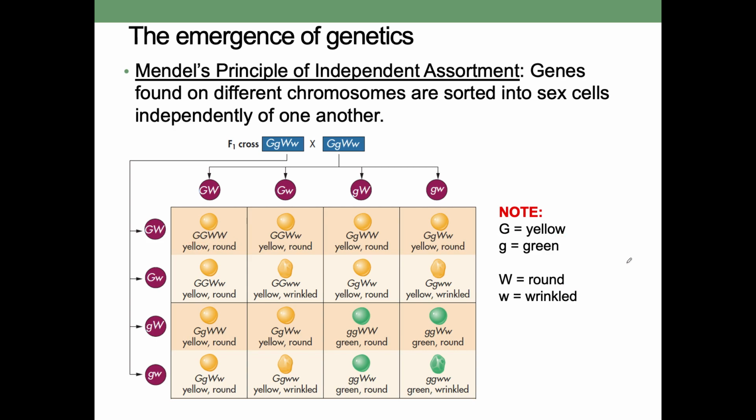And so because genes on different chromosomes are sorted into sex cells independently of one another, all of these combinations are possible. So yellow round, yellow wrinkled, green round, and green wrinkled, right? Every combination is possible.